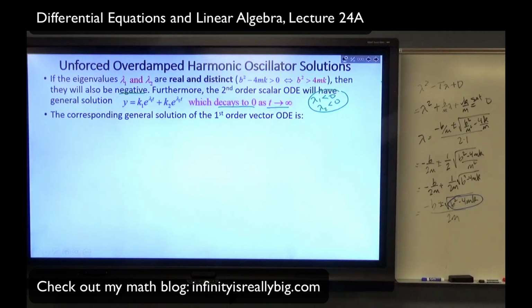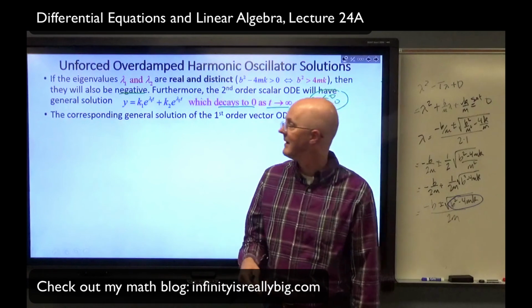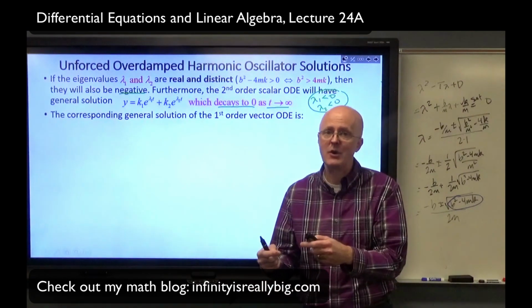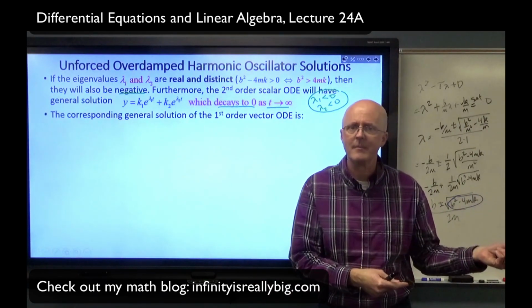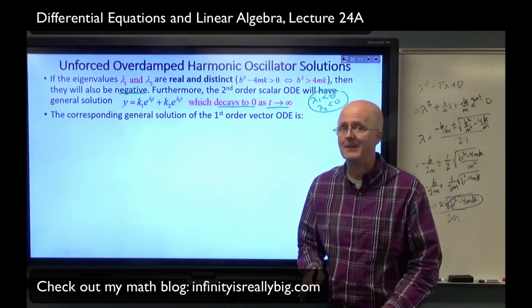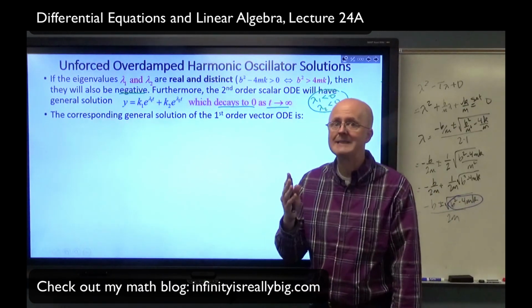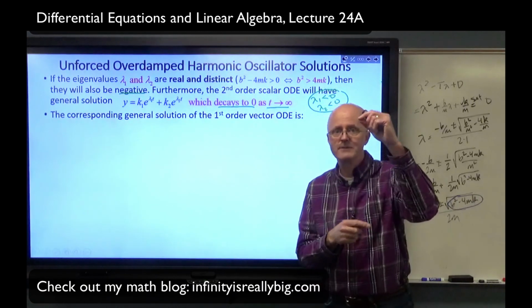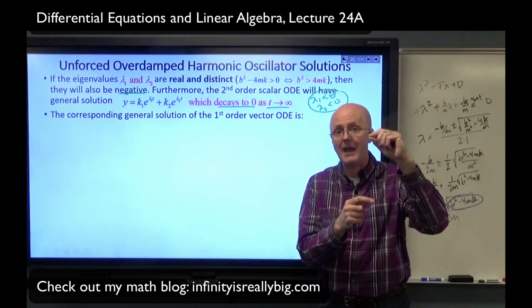Corresponding general solution, if we did convert to a first order system, I'm going to show you. I could convert to the system first, try to find the eigenvalues and eigenvectors and write this down, but that's not what I did here. I took a quicker way. I know my system vector solution, capital Y, has components little y and little v, where little v is the derivative of little y.